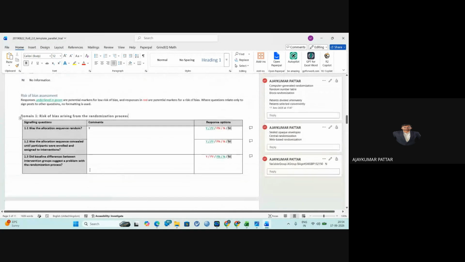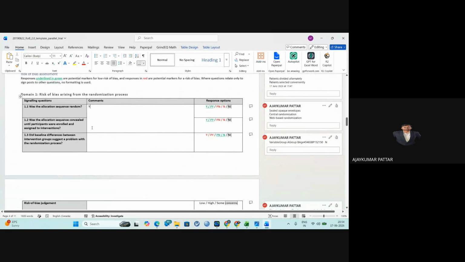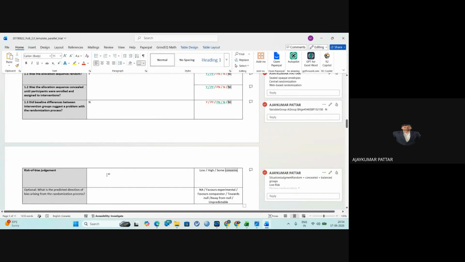Then we have to give the judgment according to this grading. For the first domain, if I write this as yes and this as no, then Y means low risk, and N here is in the green section, so that is also low risk. Risk of bias judgment: this is low risk.